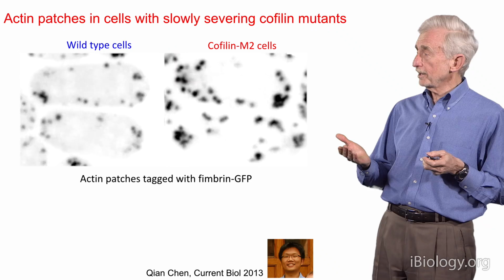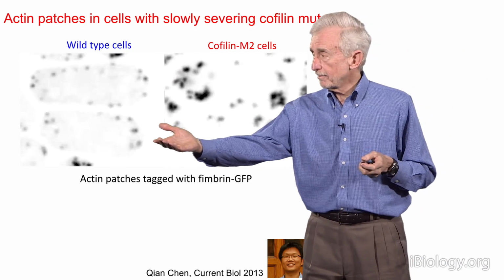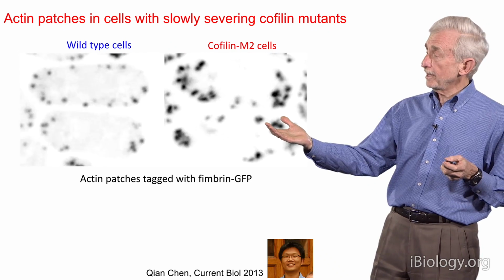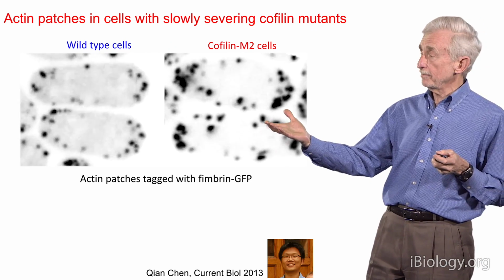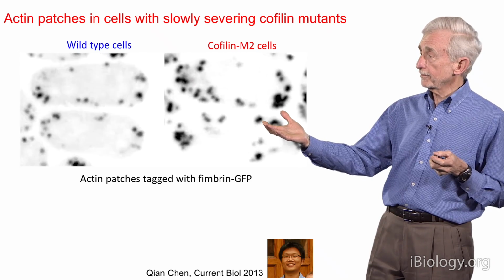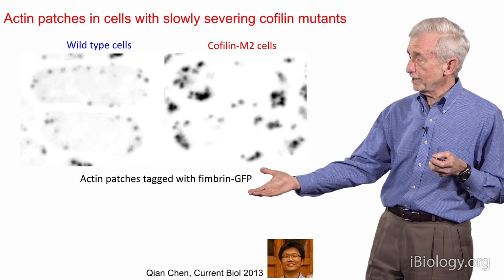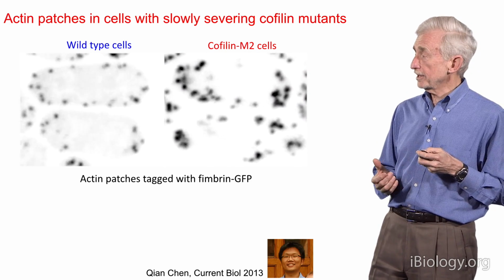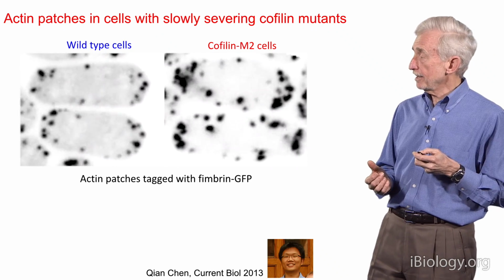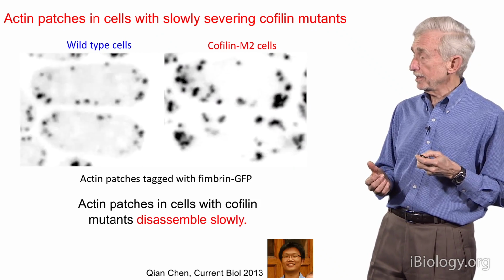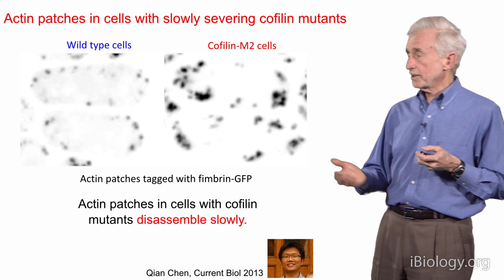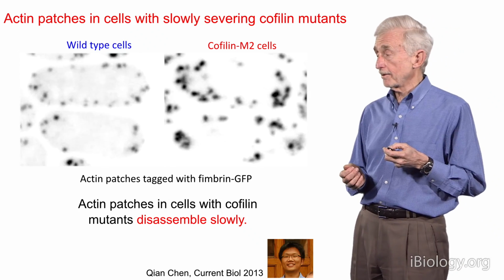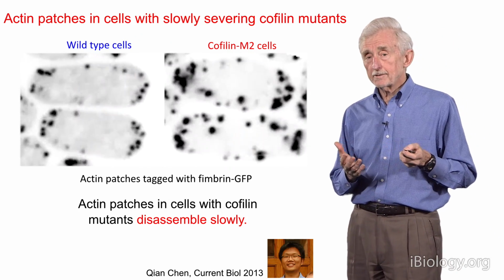And when you replace the wild-type cofilin with the mutant cofilin over here on the right, he observed that the actin patches were much more sluggish and much brighter when looking for actin, stained with a protein called GFP fimbrin, which was certainly consistent with our idea that cofilin had an important role in disassembling the patches. So as expected, the cofilin has an important role in the turnover of the actin. But he learned something in addition.